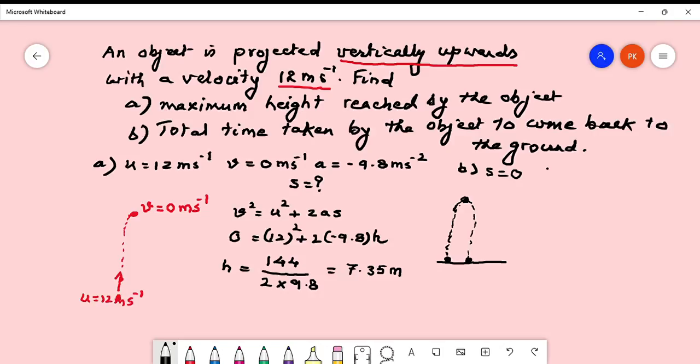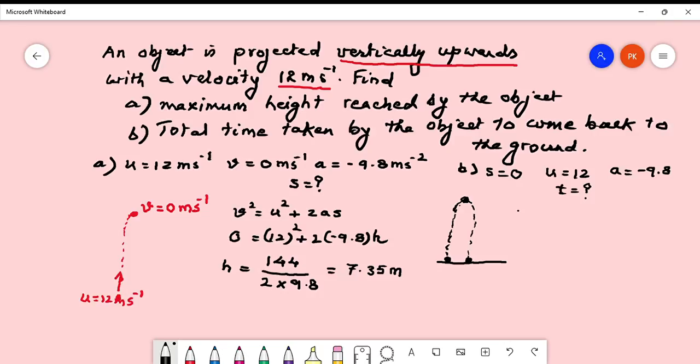Initial velocity is 12 meters per second. A is negative 9.8, and you have to find out t. So which relation can be used here? Which equation can be used here, which relates s with u, a and t?